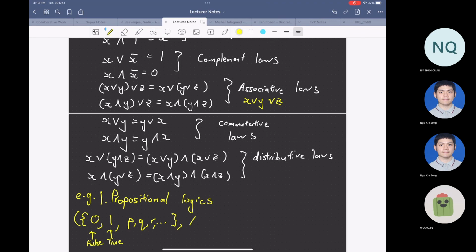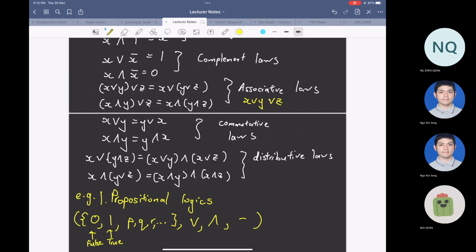And we can take the OR and AND, P or Q, what we call the disjunction or the conjunction of propositions. And we also have the negation of a proposition.